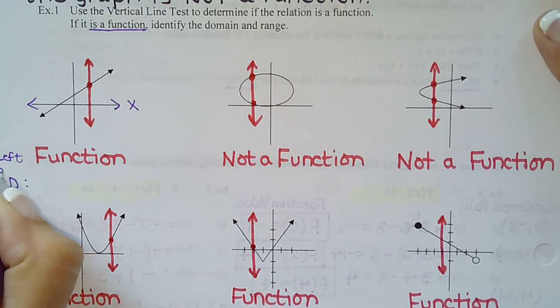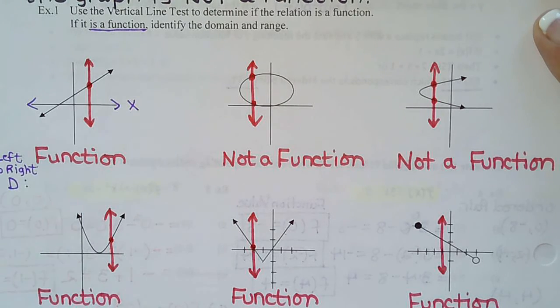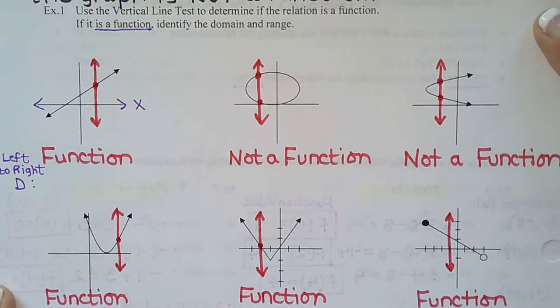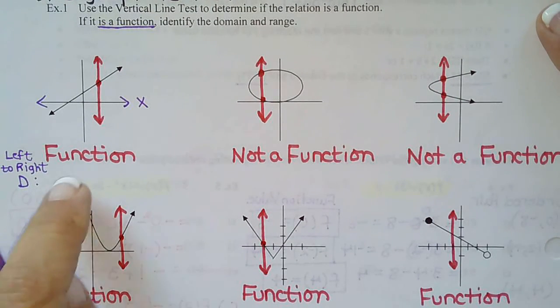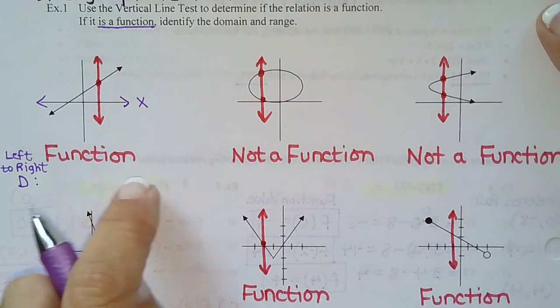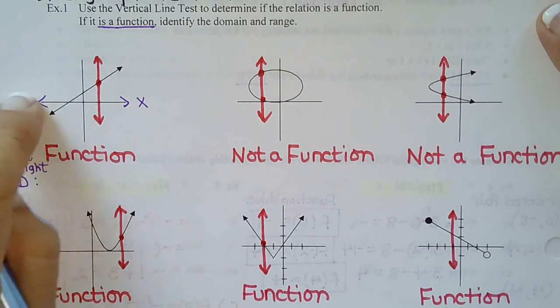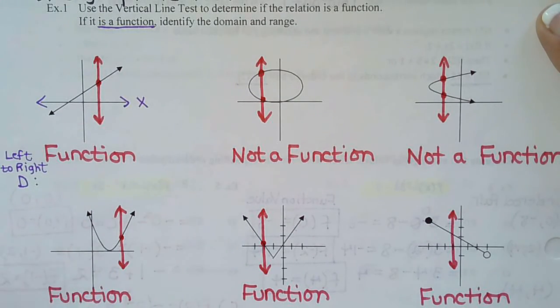And the reason order matters is because we're going to be using interval notation like we did with inequalities. Remember the parentheses and the brackets. And whenever you use interval notation, the smallest value has to be listed first and the largest second. That's why we always start on the left, because on the x-axis, the left side are the smaller values, the right side are the larger.